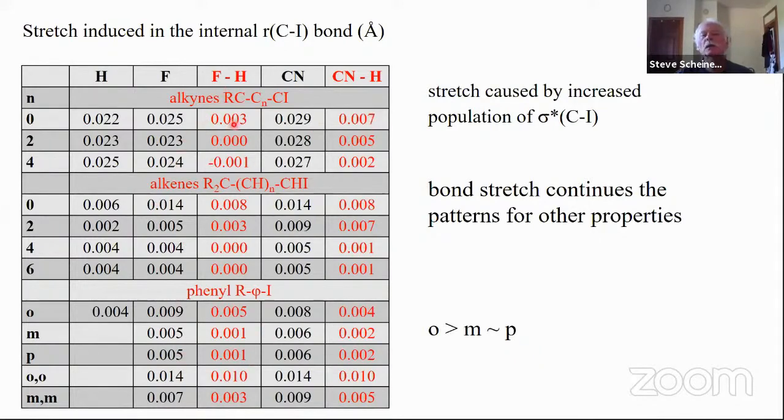Same pattern. The effect of fluorine is fairly small and goes away quickly. Cyano group lingers around longer. So the bond stretch is consonant with the strength of the bond as measured by other parameters.